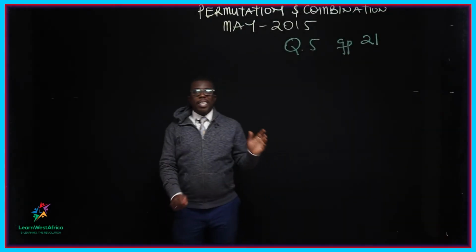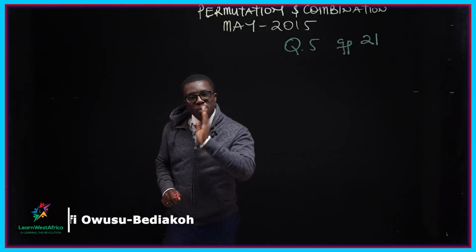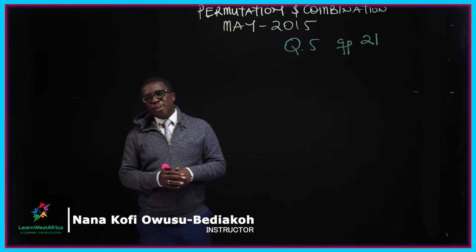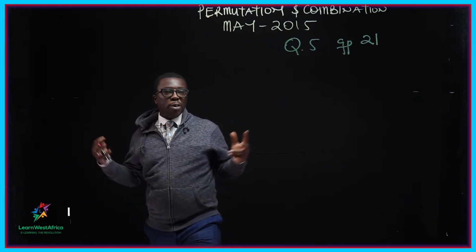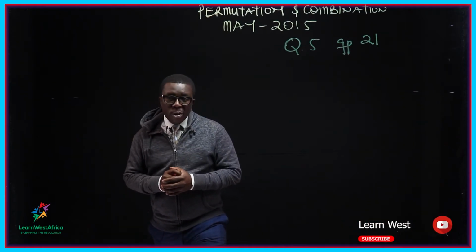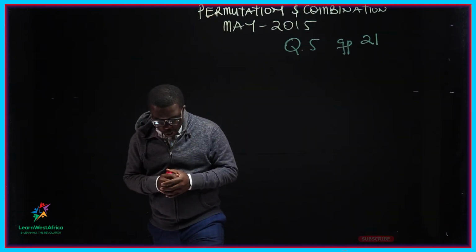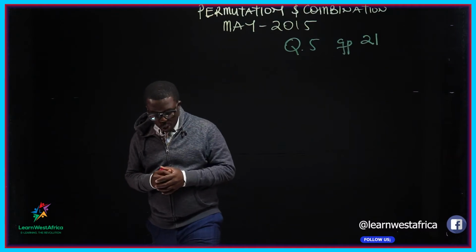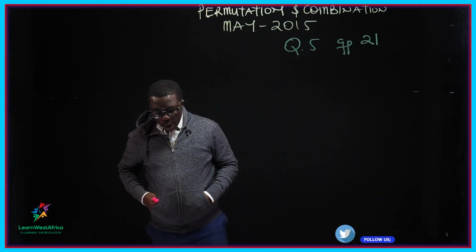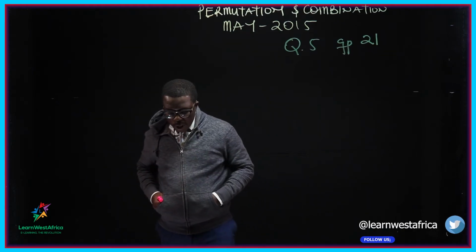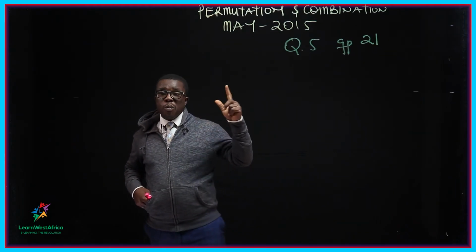Okay, so let's look at question 5, QP 21 of the 2015 May problem. The question, as was just read, says a lock can be opened using only the number 4, 3, 5, and 1.